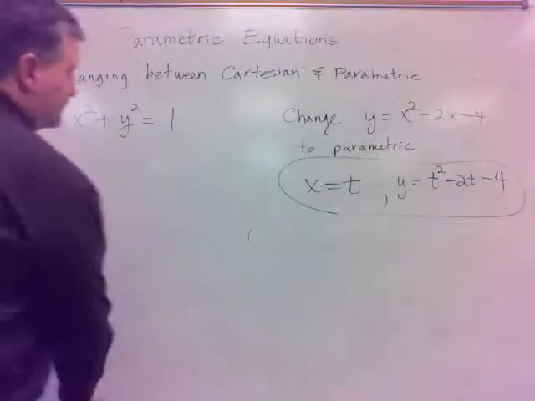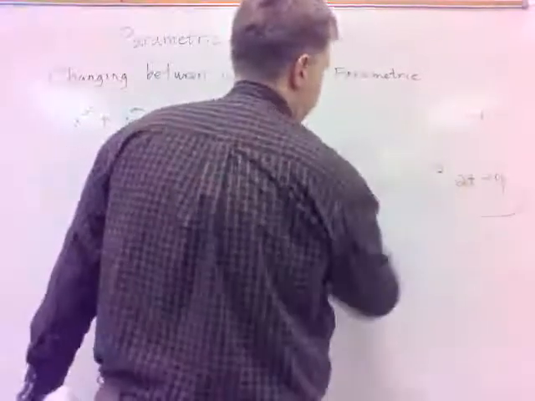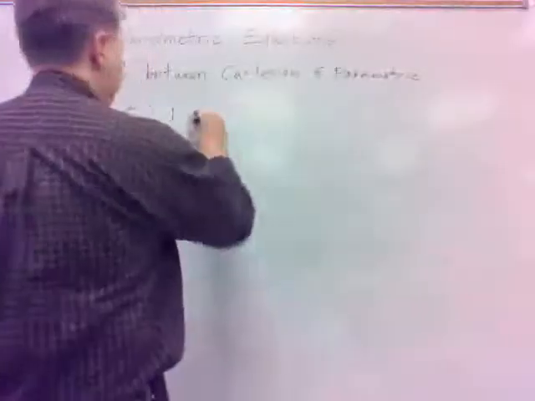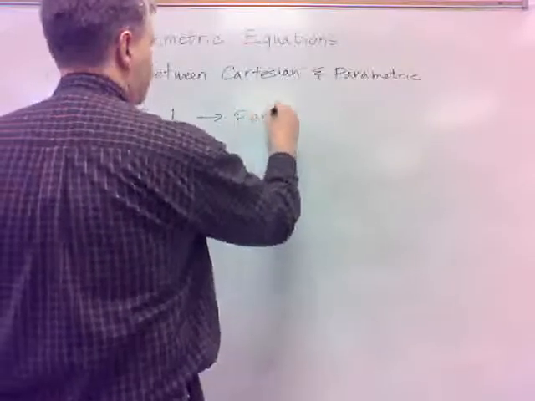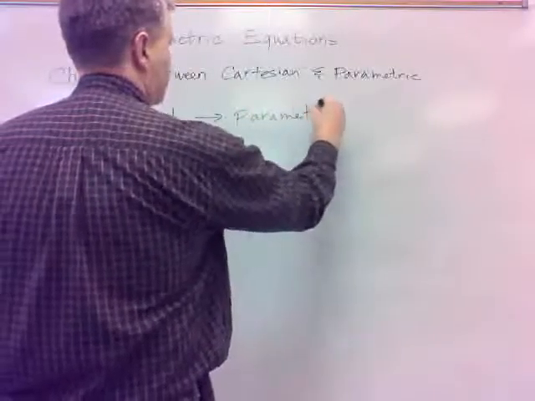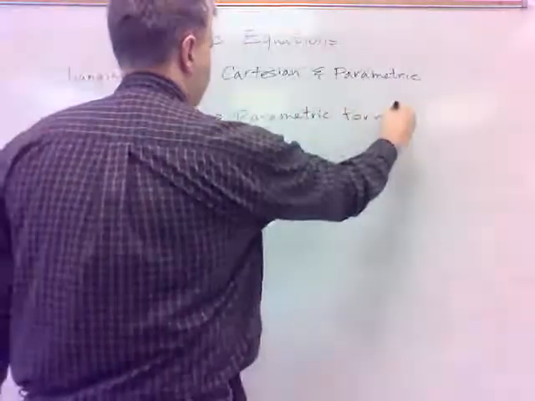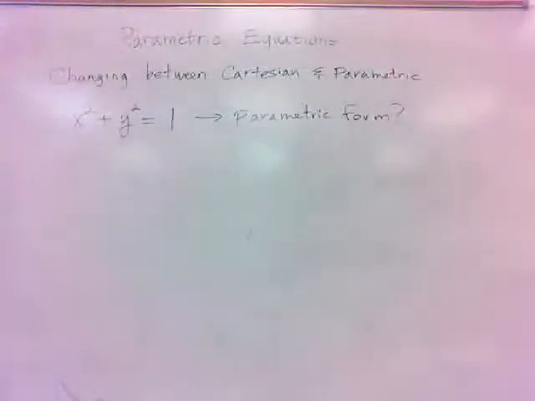Parametric form of a circle. Simplest form of it anyway. Notice this. We could solve for y and all that, but here's the easier way to do it.